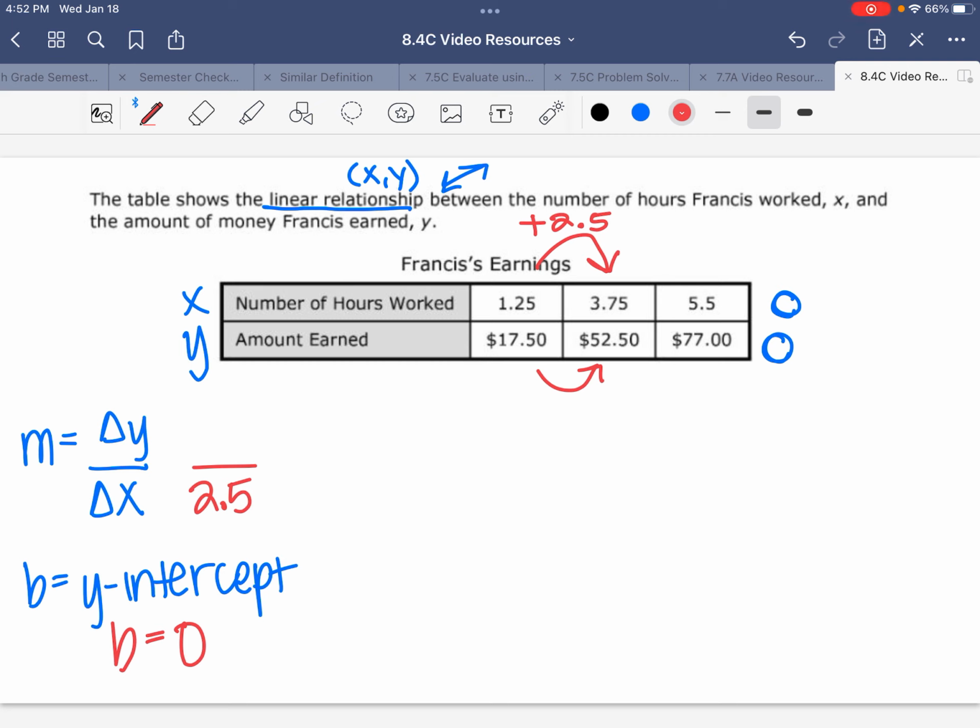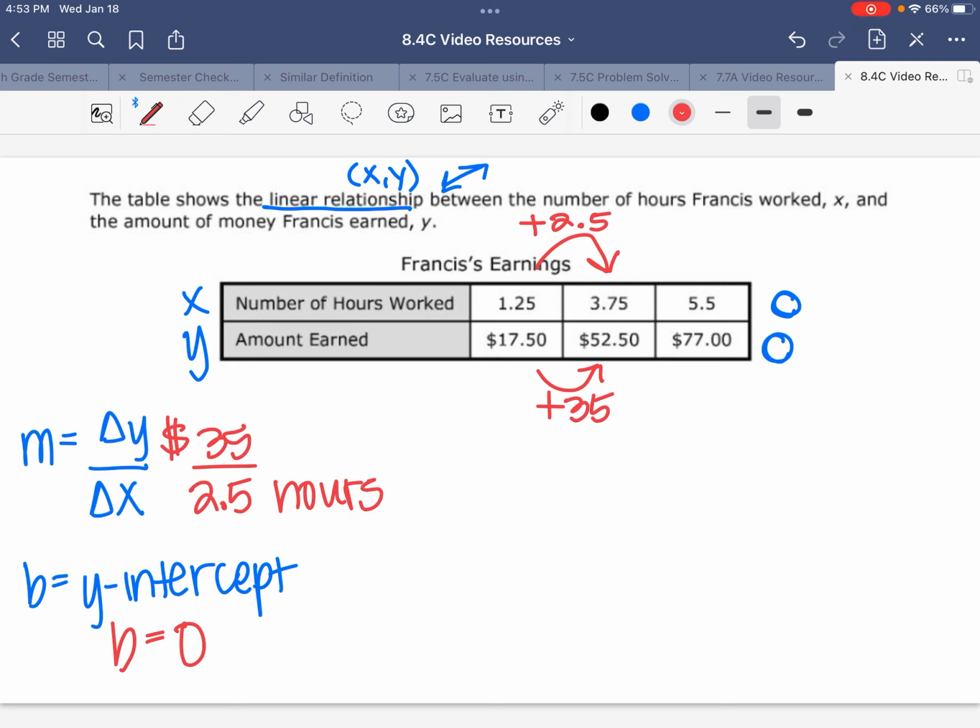So if I find the difference between 52.50 minus 17.50, I find that it increased by $35. So that tells me that Frances earns $35 for every 2.5 hours.